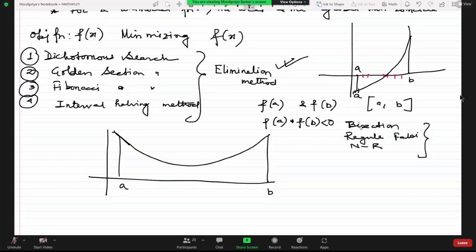Do you remember the rule we used to apply in the bisection method? Anyone? Are you people there?